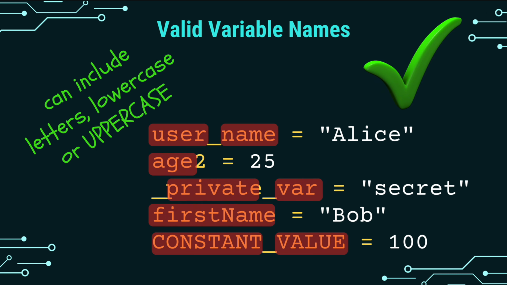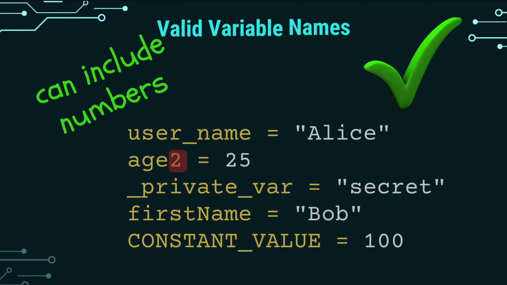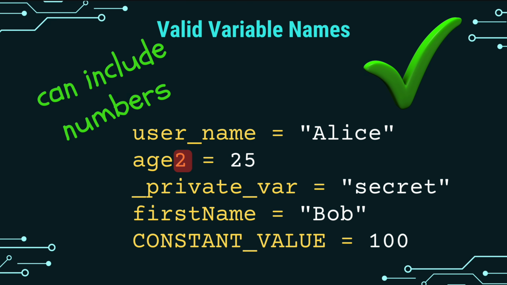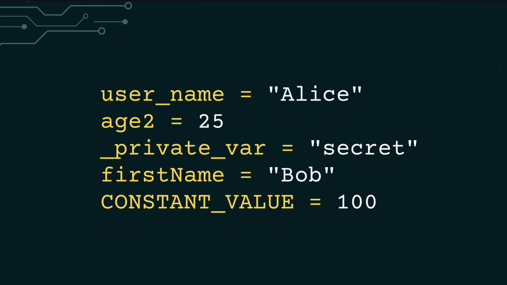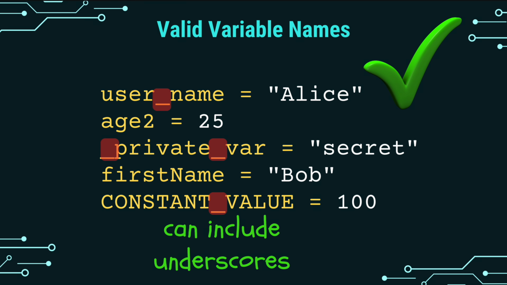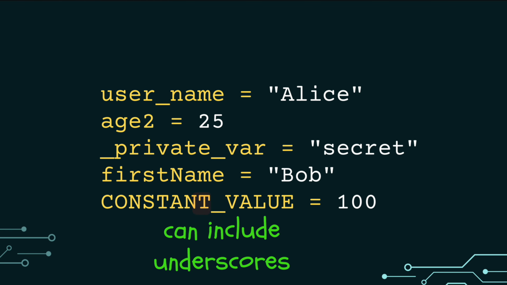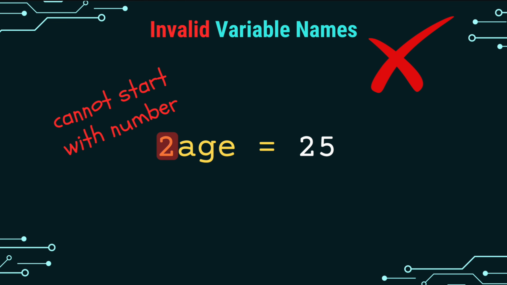You can also include numbers in your variable names, as long as they are not the very first character. So H2 is perfectly fine, but 2H is not. Finally, variable names can also include underscores. Underscores are incredibly useful for separating words in a variable name to improve readability, which is the foundation of the snake case style.